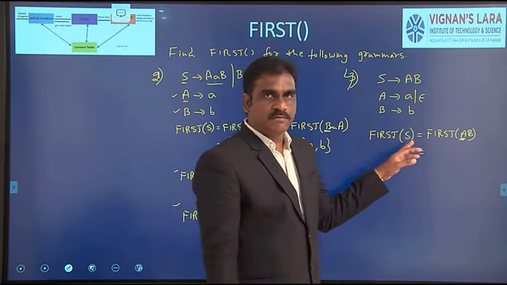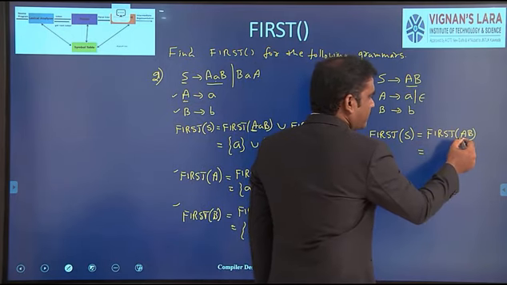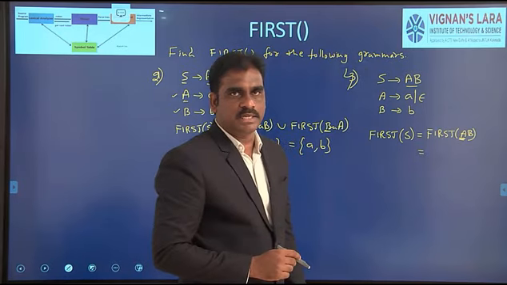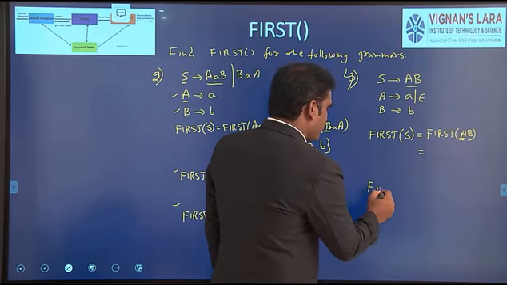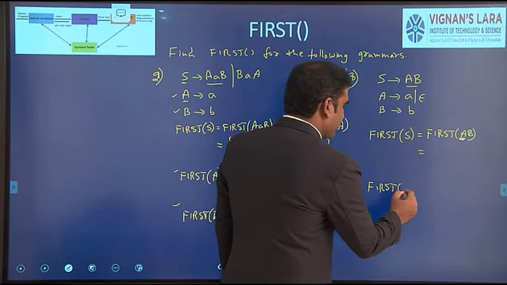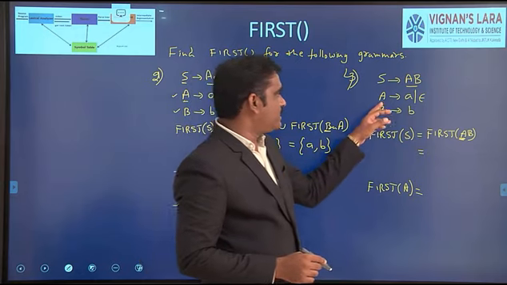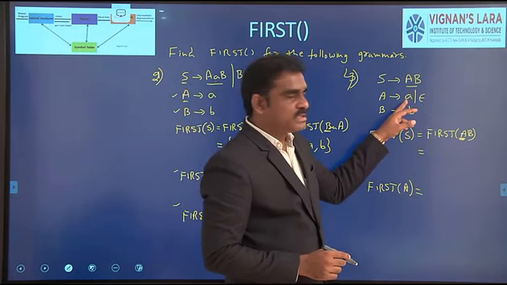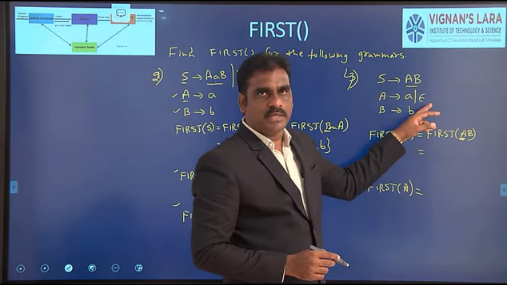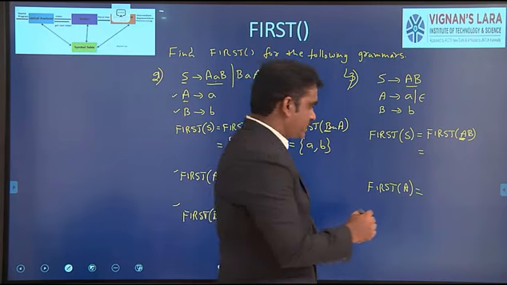First of S equals first of the right-hand side symbols AB, but here we are taking the first symbol, that is A only. So first find out first of A. What is first of A? Here A is a non-terminal having two productions. One starts with a and another one is epsilon only. More than one means simply perform the union operation.